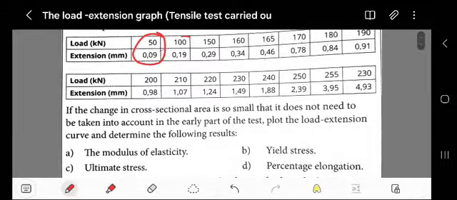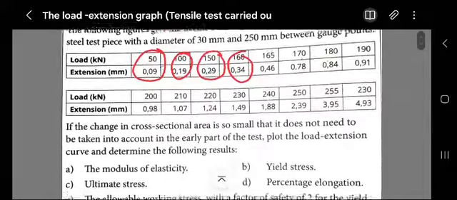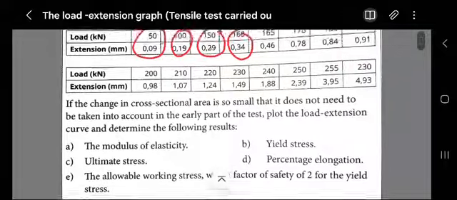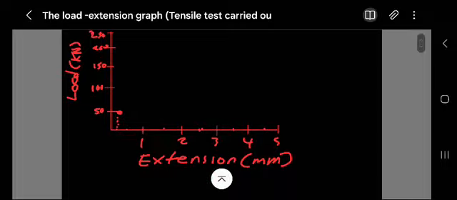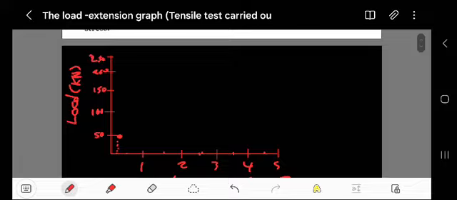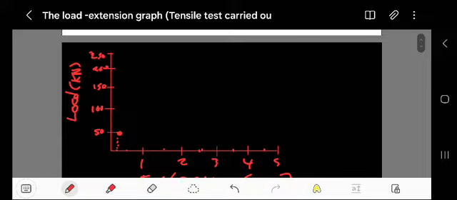We have three dots. Then 100 goes with a value close to 0.0 something, so somewhere here. It's 0.02, so I can place it somewhere here.